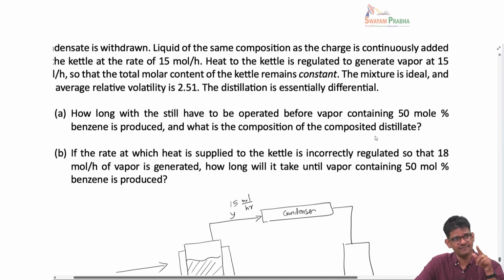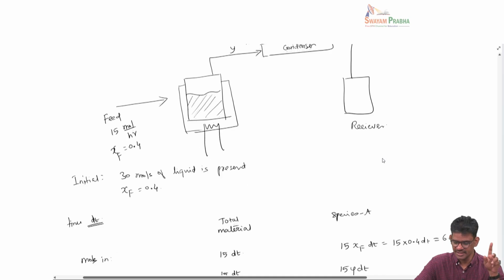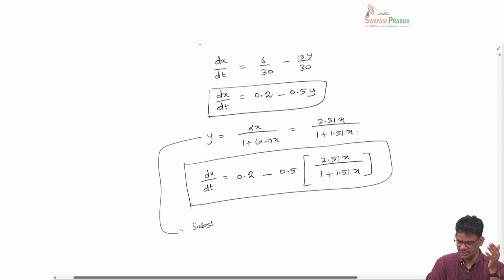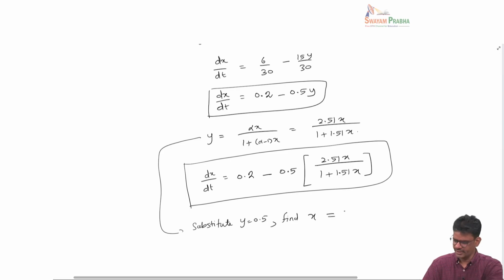We know that vapor will be in equilibrium with the liquid at that time, and those are related by the VLE data here. So I am going to substitute y equal to 0.5, the vapor composition I am expecting, and then solve for the equilibrium liquid composition x. If you do that, you will get x to be something like 0.285.